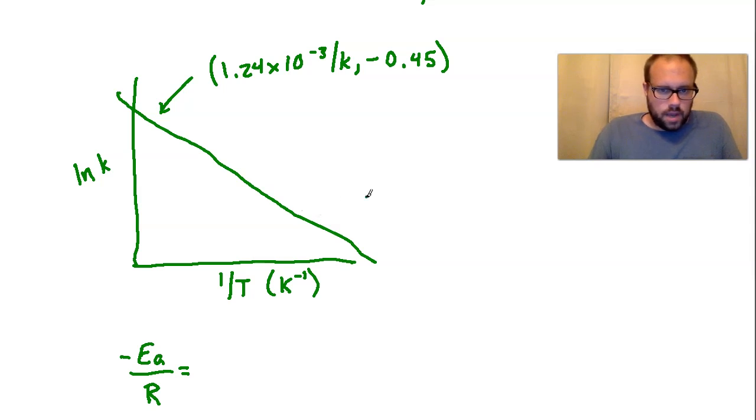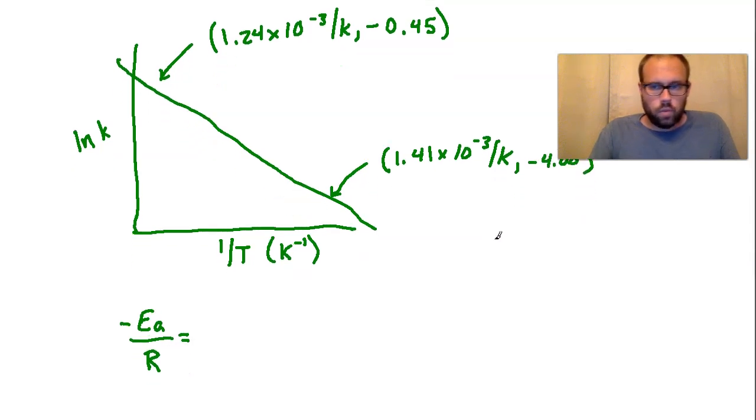And then for the other point, it will be 1.41 times 10 to the negative third inverse Kelvin, and negative 4.